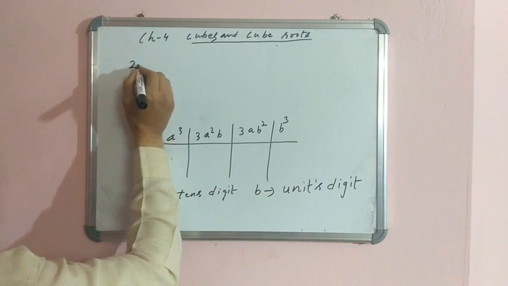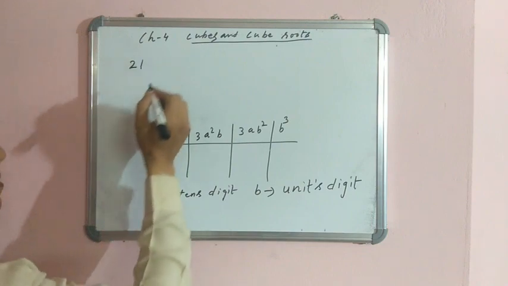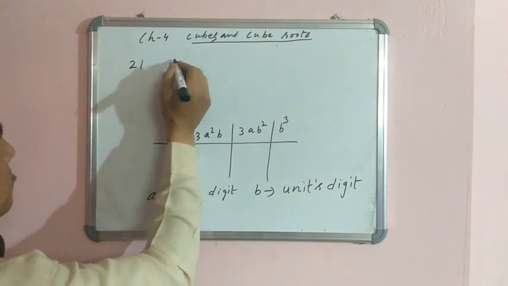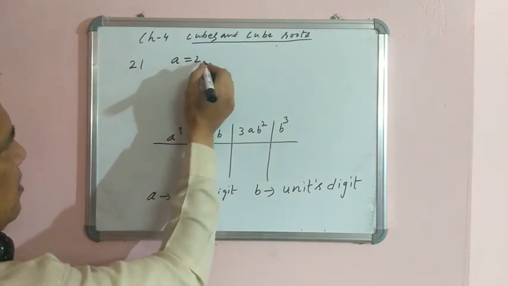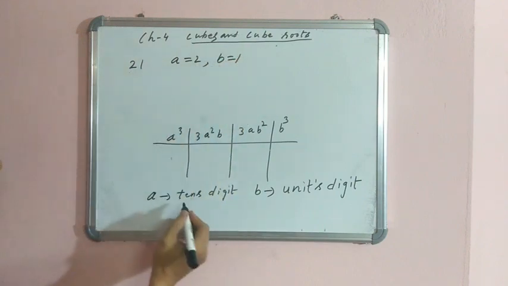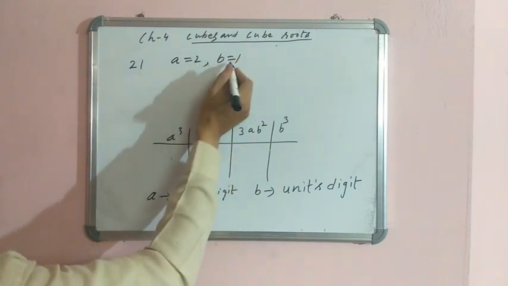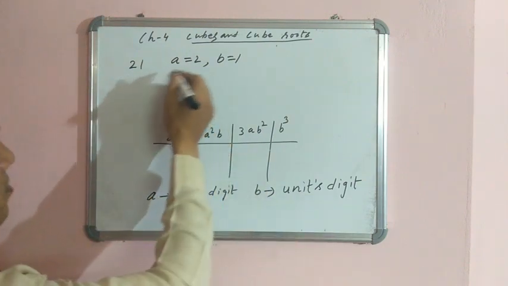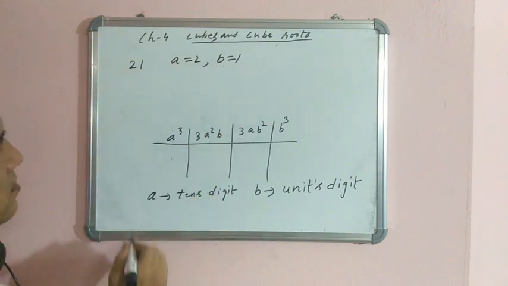Then for 21, a is equal to 2 and b is equal to 1. Tens digit a and b, that is the ones or units digit. So a is equal to 2 and b is equal to 1.